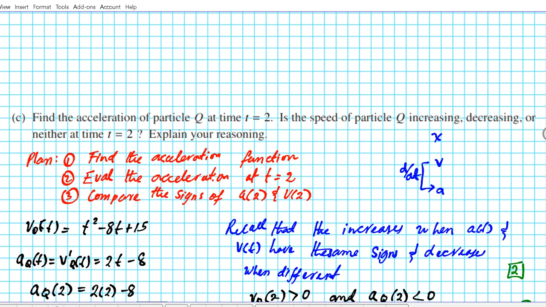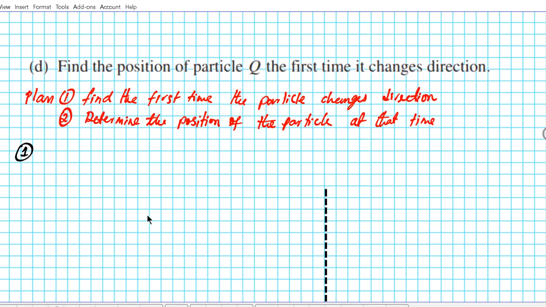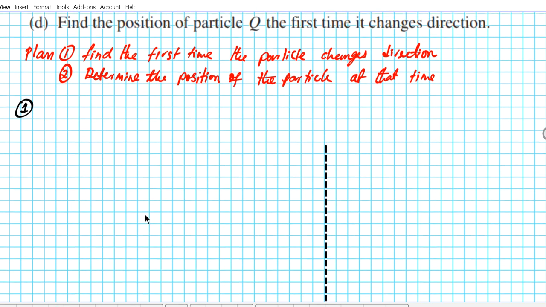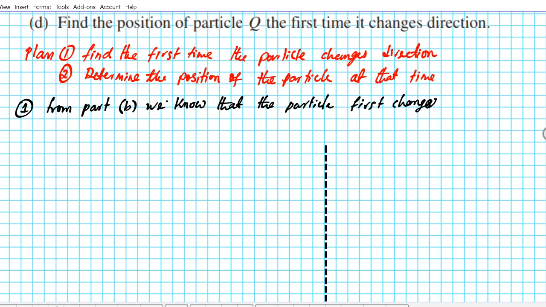So that's what we are going to use for this problem. From part B, we know that the particle first changes direction at time t equals 3.